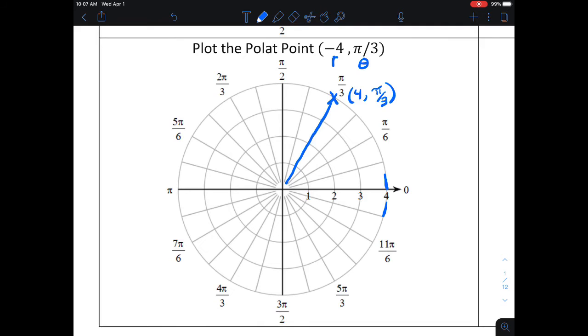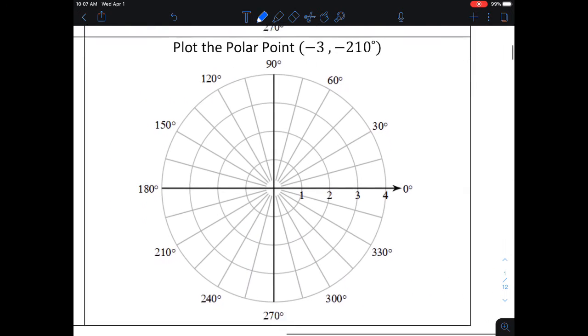I would pass through the pole and go onto the opposite side of the circle, and that would be the location of this point P, where I have the negative 4 as the radius and pi over 3 as the angle measure. So the negative radius projects you through the pole, and it's on the other half of the circle. So it's actually pi radians away from where 4 by pi over 3 is.